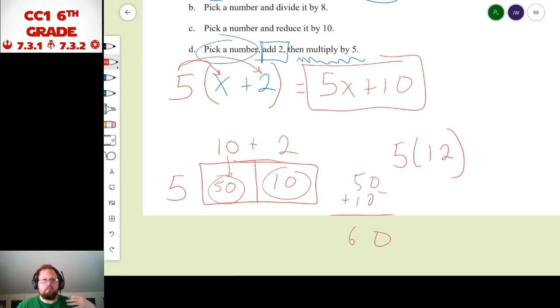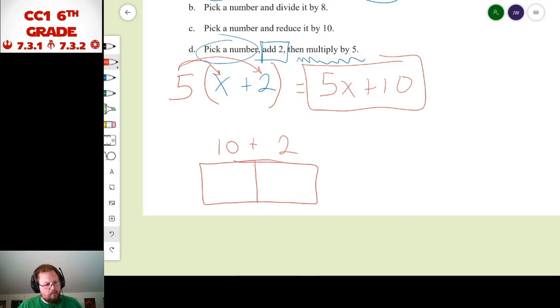And this was very easy for most of you. But I want to show you that let's just get rid of the numbers in this. Let's go all the way back and say instead of 10 plus 2, you were really multiplying an x plus 2.